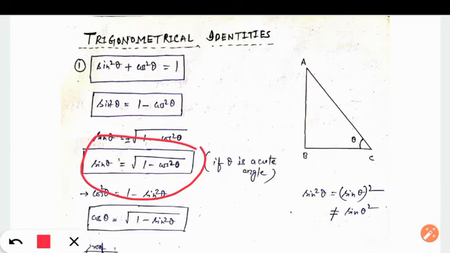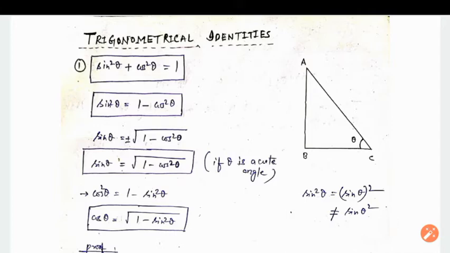If you know the concept from the previous exercise, from the exercise of standard angles, then you will understand that at every standard angle, 0 degree, 30 degree, 45 degree, 60 degree, 90 degree, the value of all the trigonometrical ratios is positive. Sine 0 degree is 0, sine 45 degree is 1 by root 2. You will find in that table that there is no negative value.